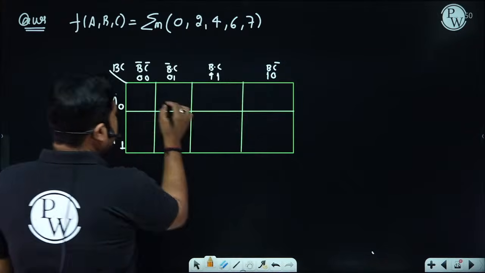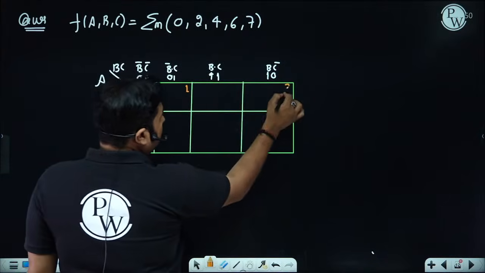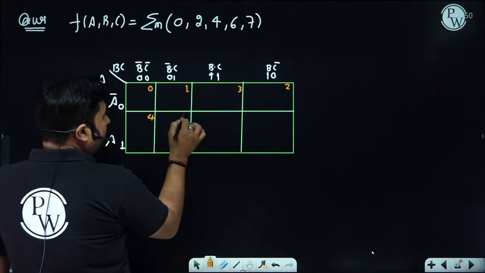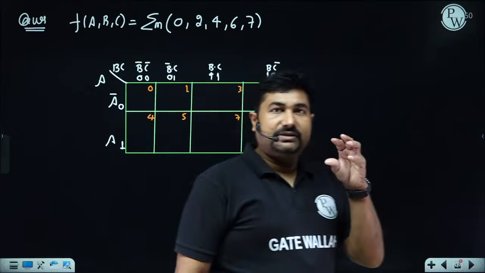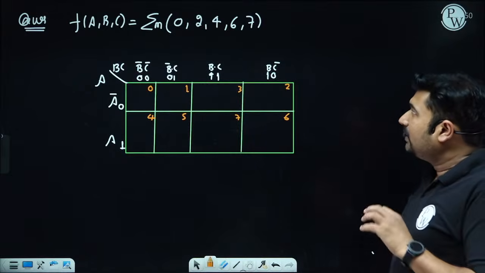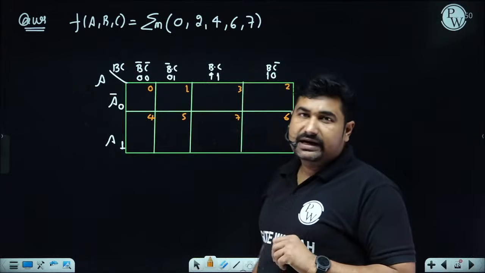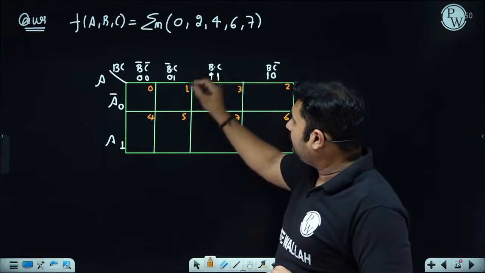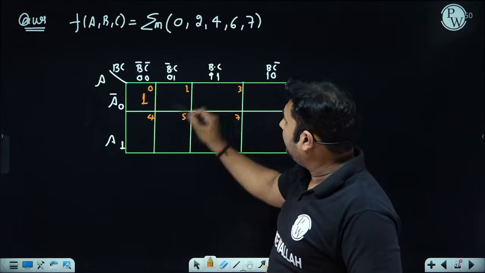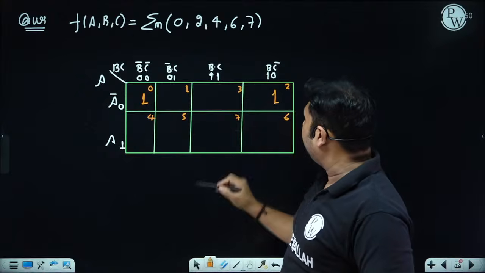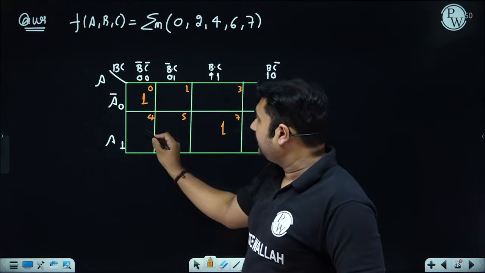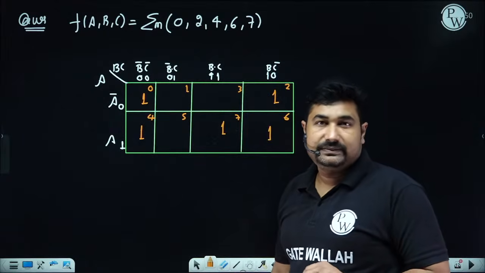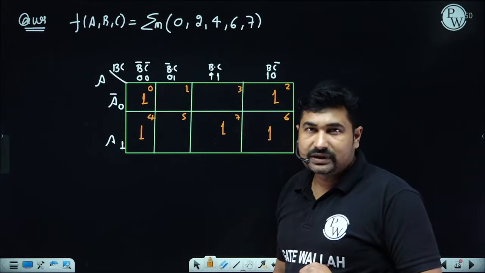Now, please observe the numbering 0, 1, 2, 3, 4, 5, 6, 7. Each block is representing a minterm. What are the binary conditions where we are getting output logic 1? At the binary conditions of 0, 2, 6, 7 and 4, we are getting logic level 1. Is it okay? Yes, sir.